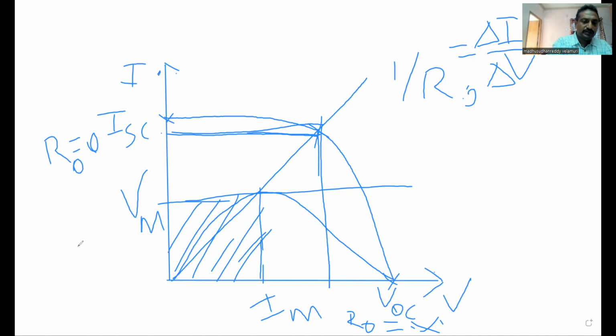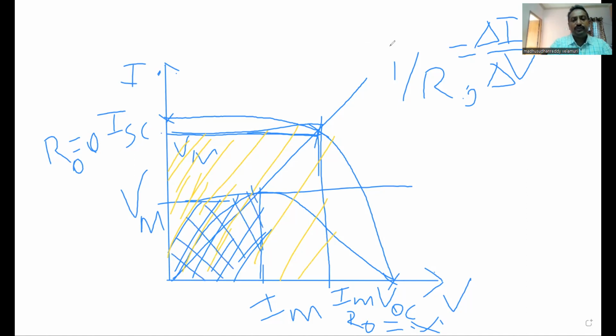So this is about VM at this, and this is about IM. For example, you'll pick up a color that will be changed. See here, this is about the complete load. And see here, this is only the area for this.